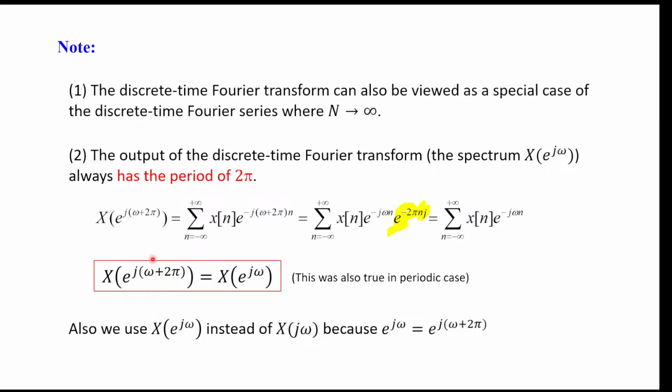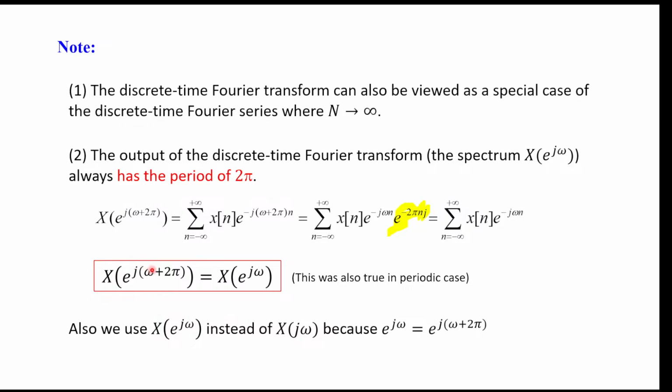If you increase omega by 2 pi, this function should not change, so why not put something inside that doesn't change by 2 pi? You write it as a function of e to the j omega, which doesn't change when you increase omega by 2 pi. So this notation makes the periodicity very obvious.